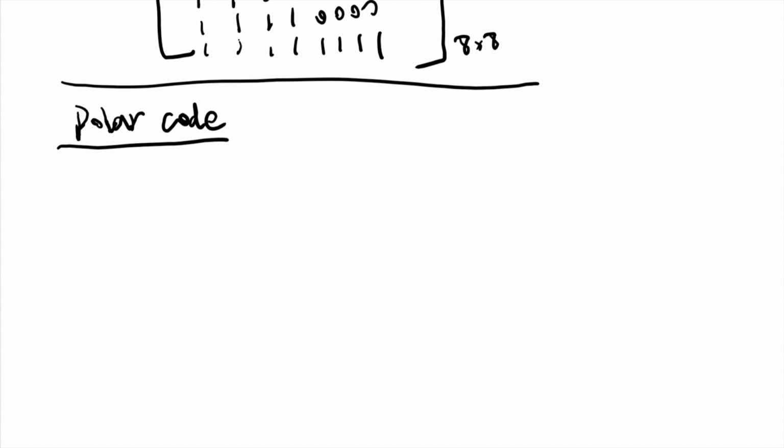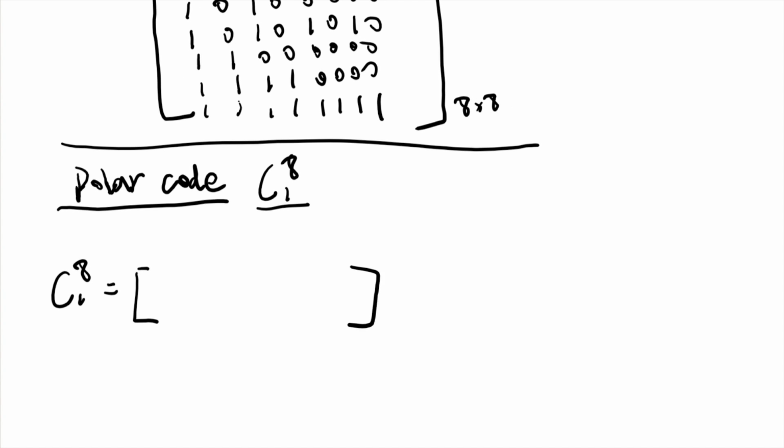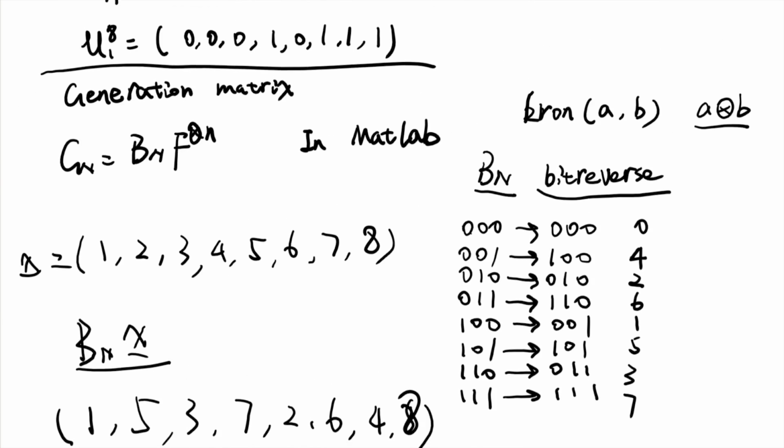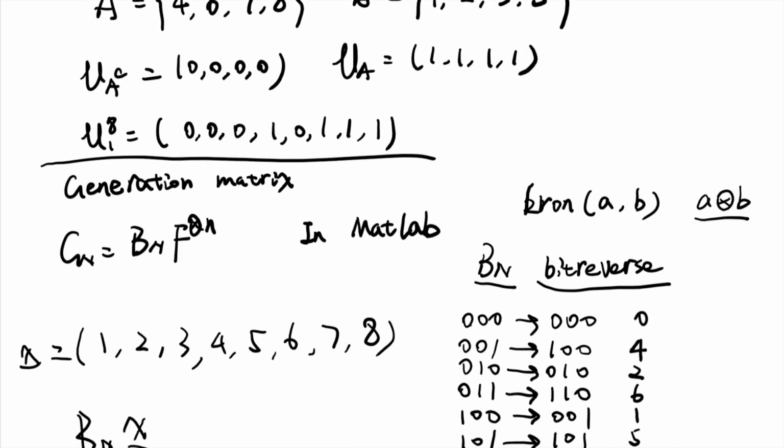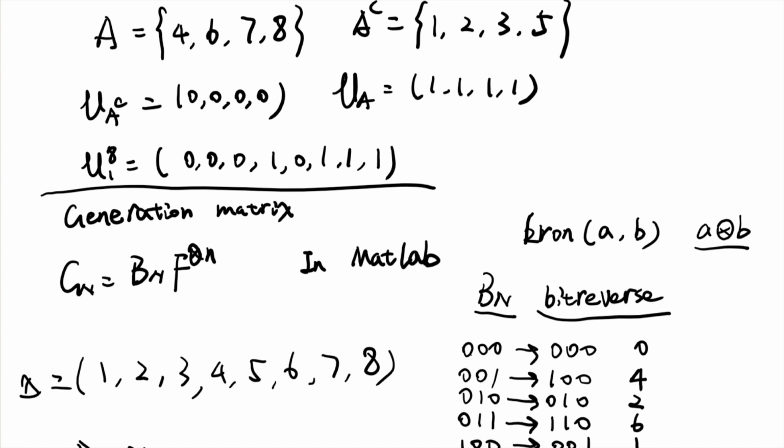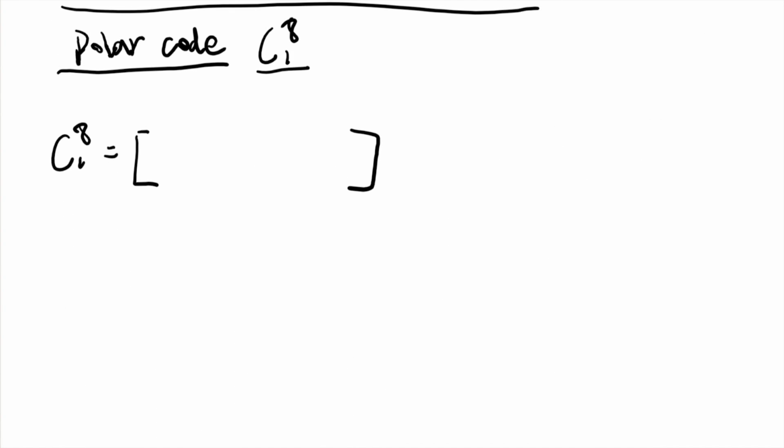So the polar code, we write this as C_1^8. C_1^8 is obtained by multiplying the mixture bits we got from here, U_1^8, which is 0, 0, 0, 1, 0, 1, 1, 1, by the generator matrix, mod 2.